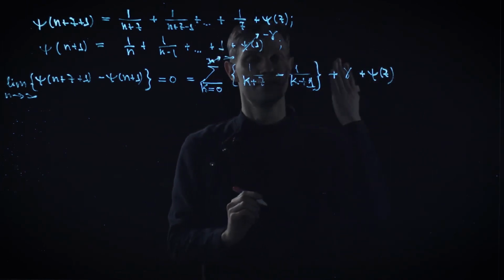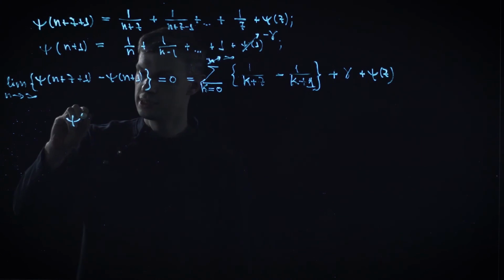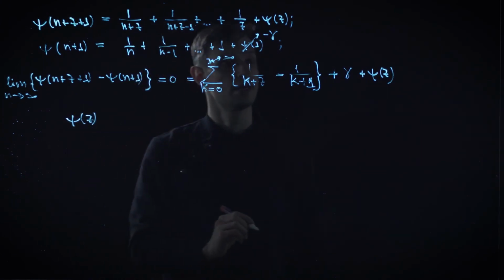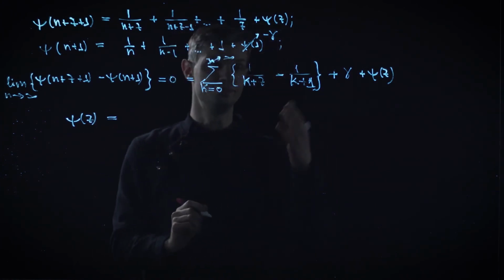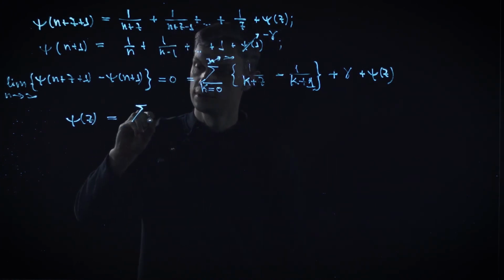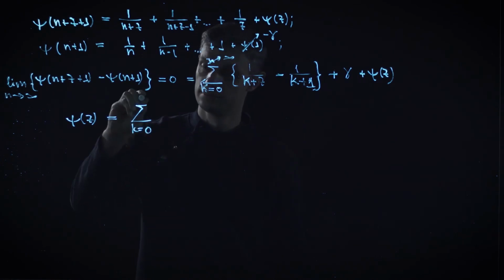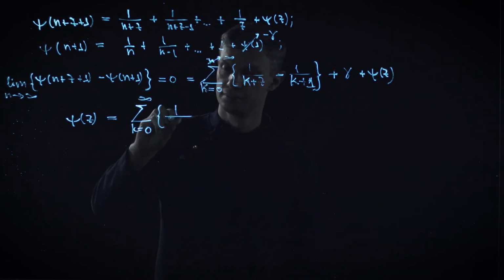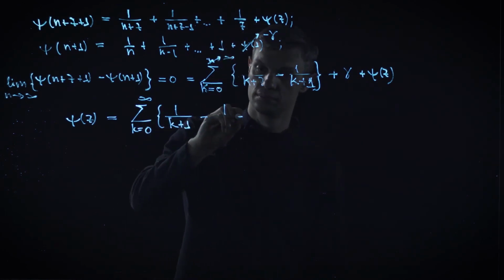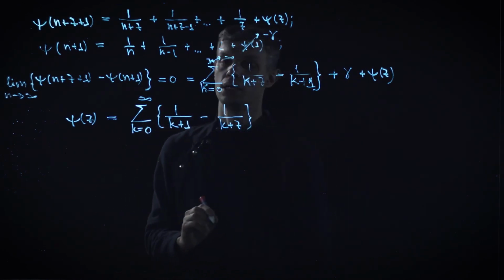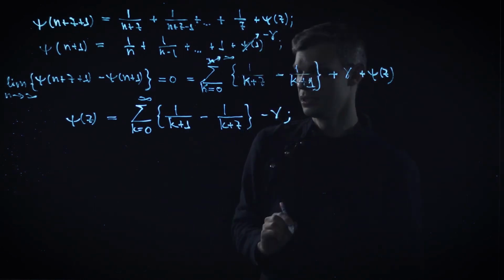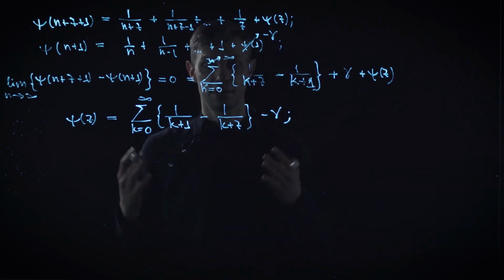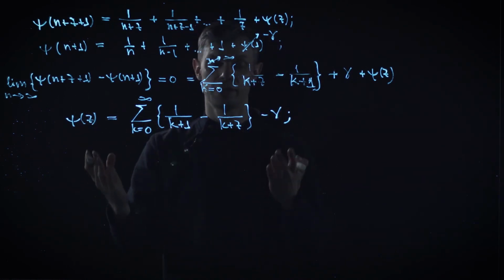And here comes one of the most important representations of the Digamma function, which is simply the following sum and minus Euler constant. And we'll see in a second how this equation helps us to compute quite challenging integrals and sums.